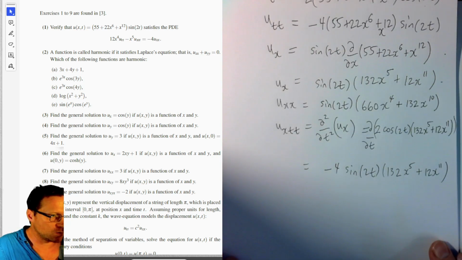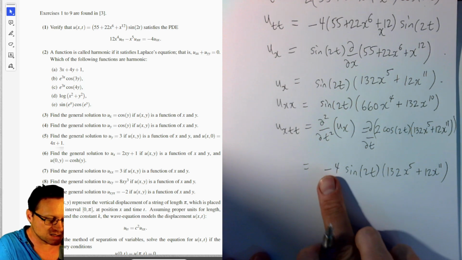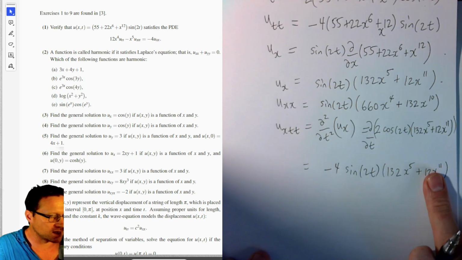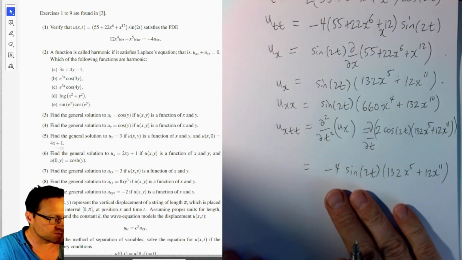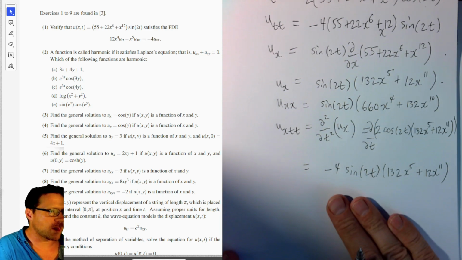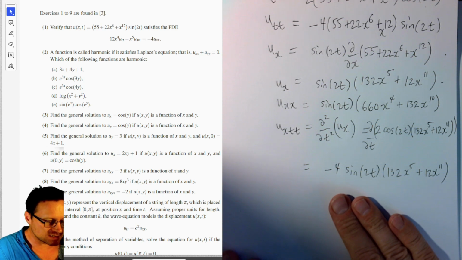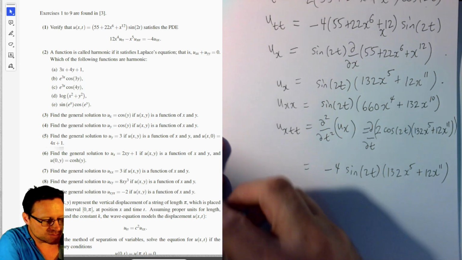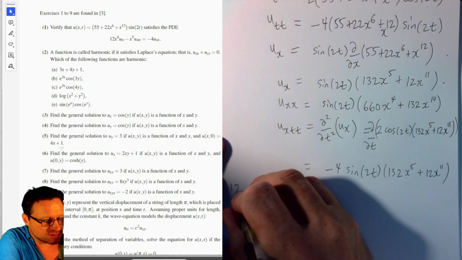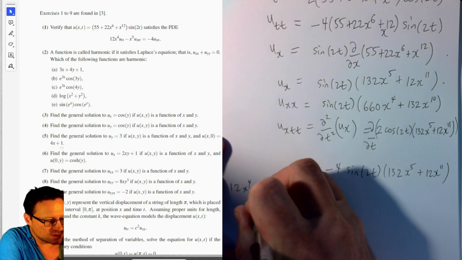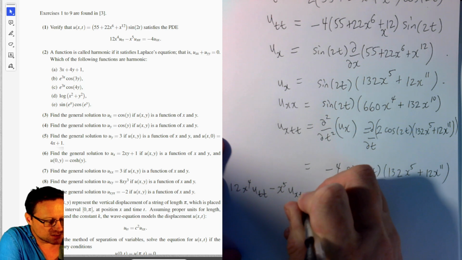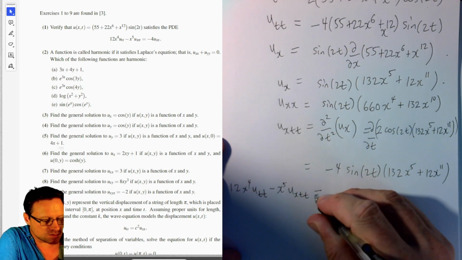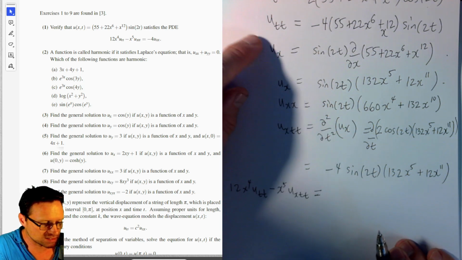Okay, so now we need to expand, putting the minus 4 inside, because we're going to add this result here times x to the 5th to 12x to the 4th utt. Okay, so let's just begin here by writing 12x to the 4th utt minus x to the 5th uxtt. This is equal to, now where is u double t?